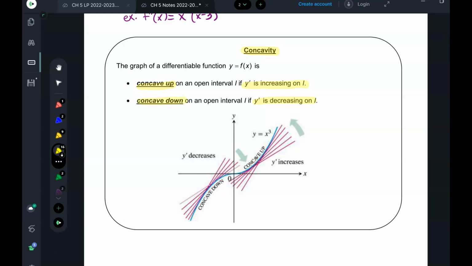Just picture this part of the graph here. It's concave down. Almost think of an upside down parabola as concave down on its domain, versus a parabola that's facing upward, which is concave up.